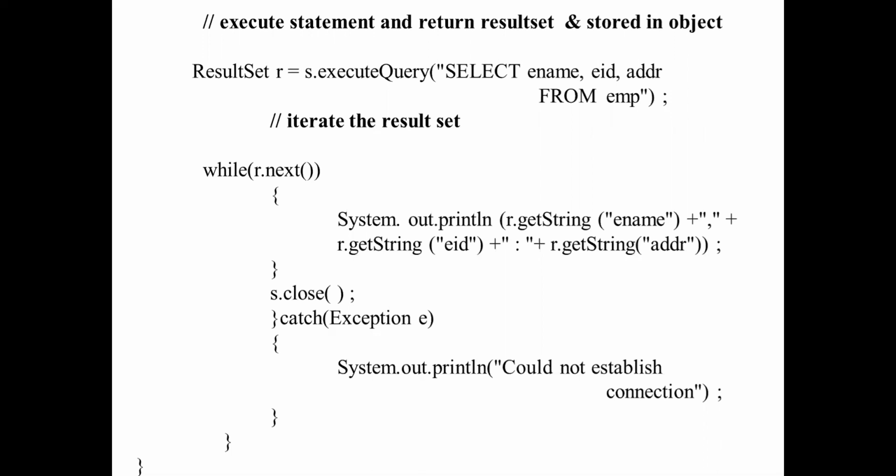If the condition is satisfied, it moves to the next statement. System.out.println of R, the ResultSet, dot getString of ename, R.getString of EID, and R.getString of address. In that case, I am fetching the ename, ID and address from the table EMP.